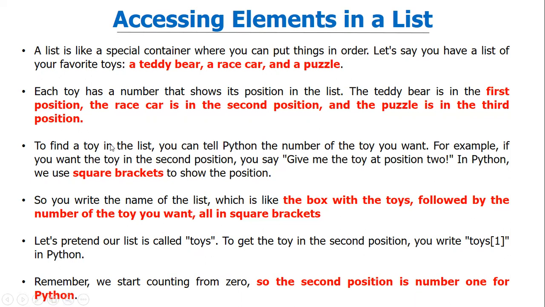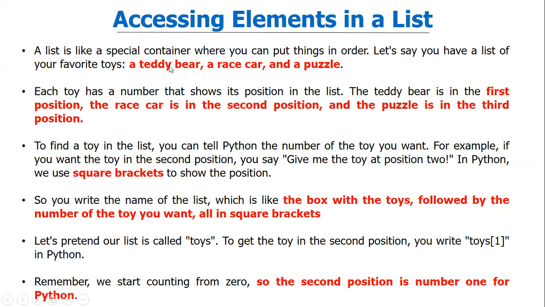Now, remember that we start counting from 0. So the second position is number 1 for Python. So if we have toys equal to, our list is called toys, we have in our square brackets teddy bear with a comma, race car with a comma, and a puzzle. And we put in 1.